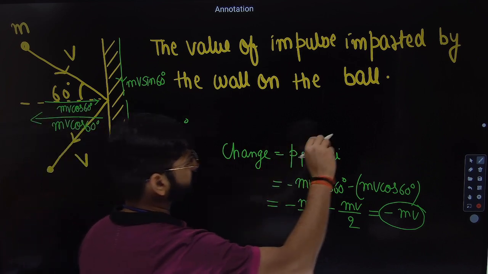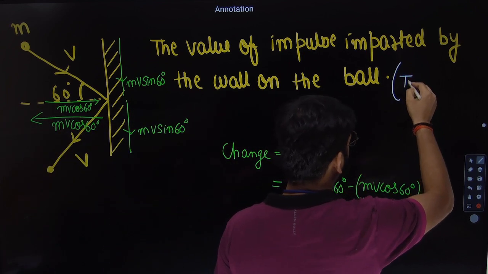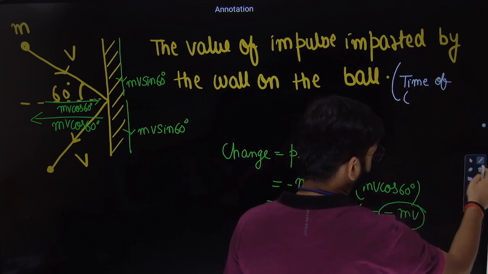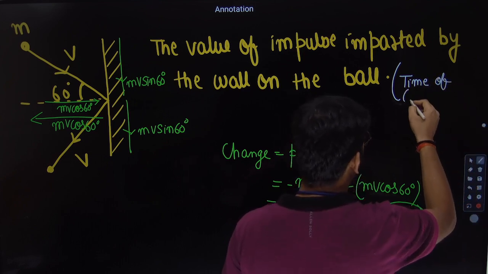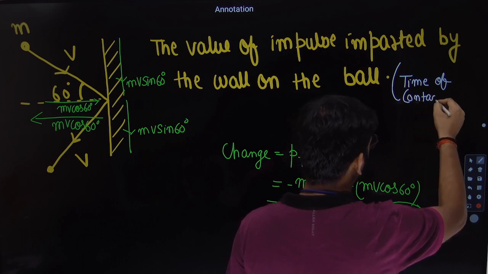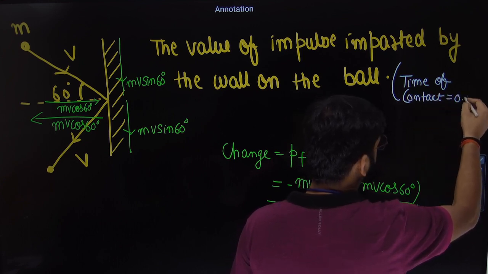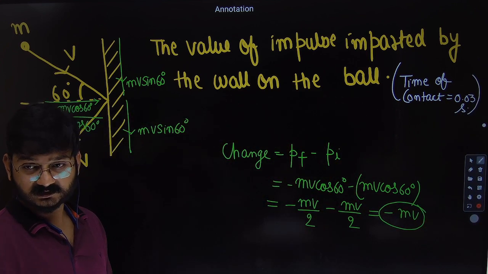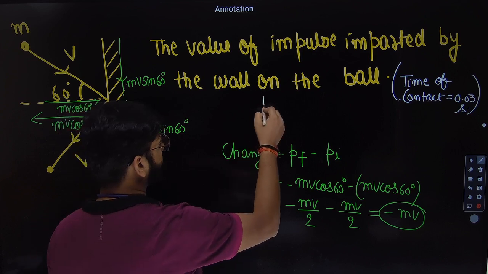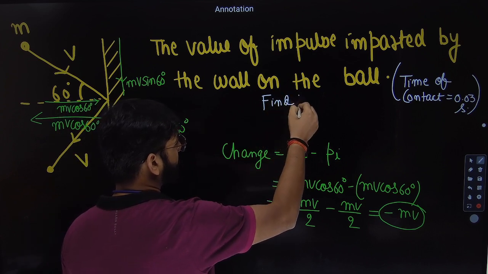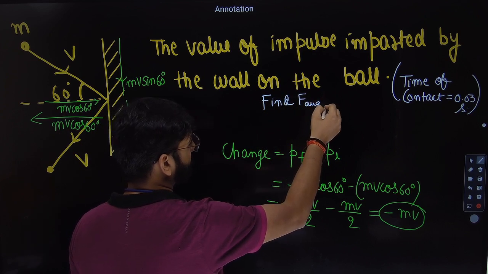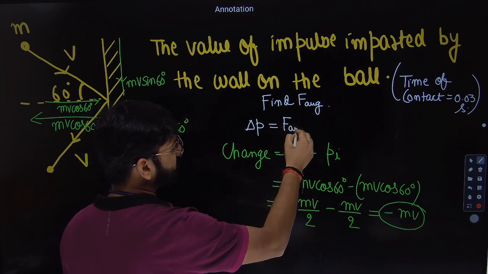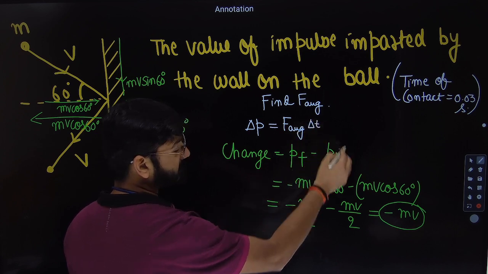Now suppose the time of contact is 0.03 seconds. Find F average. So how will you find it? Change in momentum is what? Force into time. Correct?